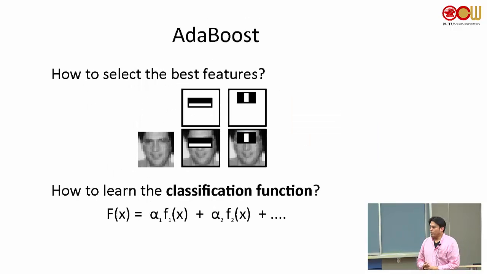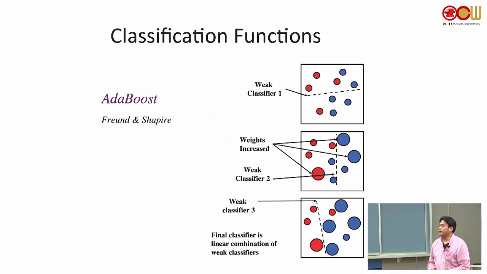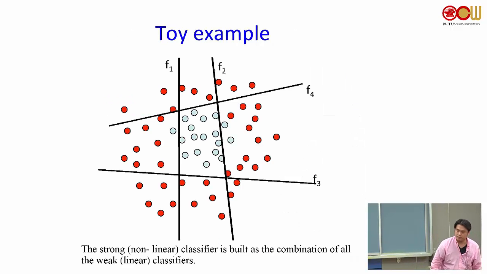Okay, and about the boost. For each feature, maybe some of the features are more important than others. Suppose you only have one feature, typically it will not give you a good result. Okay, and if you can combine multiple weak classifiers, they can give you a better result.